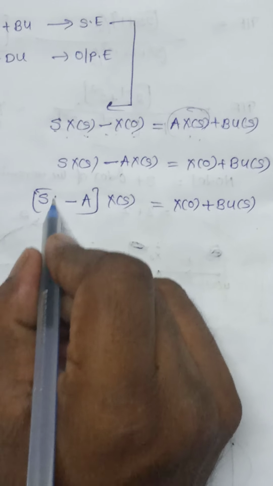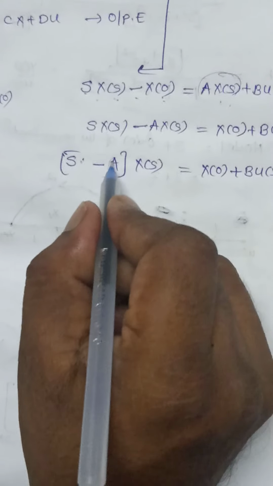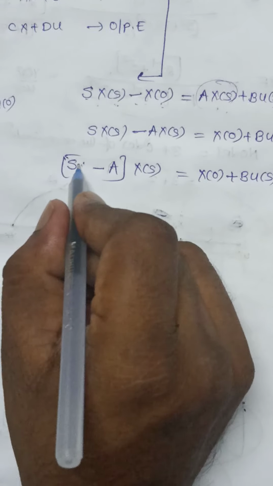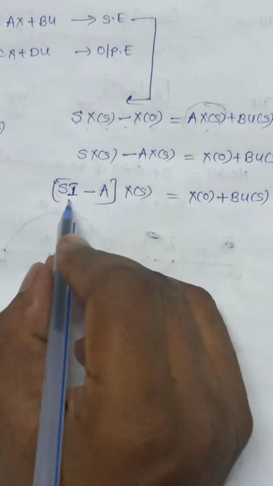So it is a matrix. Why? Because this A is a matrix. This A matrix has to be subtracted from this matrix. So if you want to get this one as a matrix, then I need to write this as sI minus A. So from this X of s is equal to 1 by (sI minus A) into X of 0 plus B into U of s, that is equal to (sI minus A) whole to the power of minus 1 into X of 0 plus B into U of s.